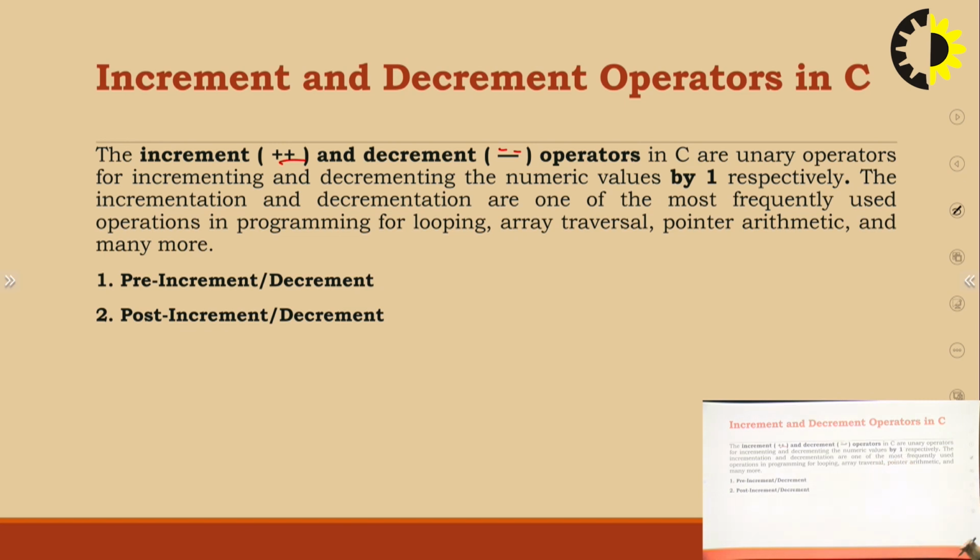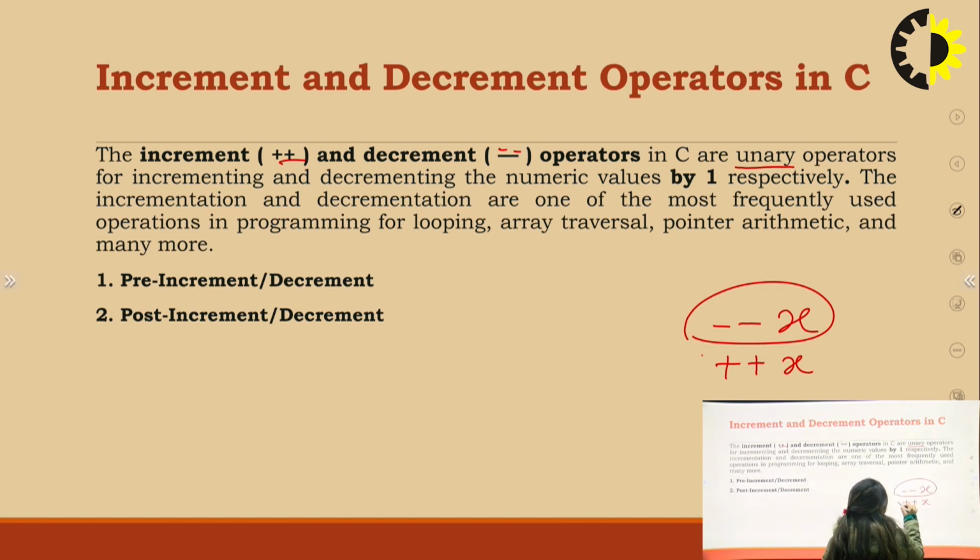These operators in C are unary operators. Unary means what? I told you earlier also, it's considered to be one operand, before the variable. Let's say if you put any variable, and if you put this or if you put this, then it is considered to be a unary operator.